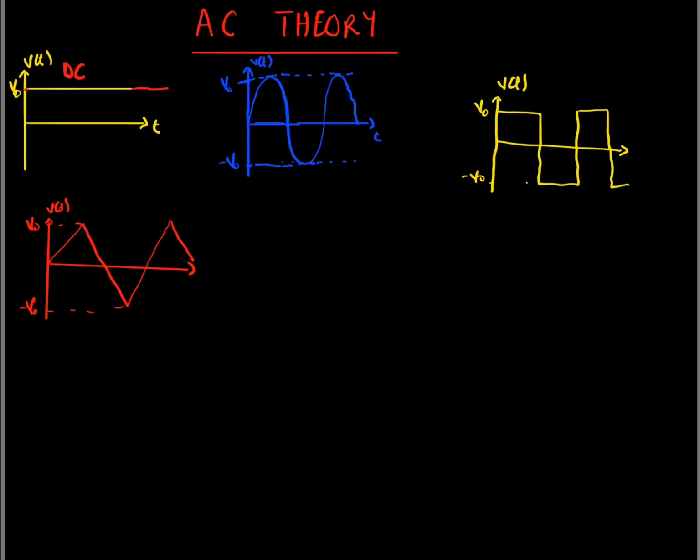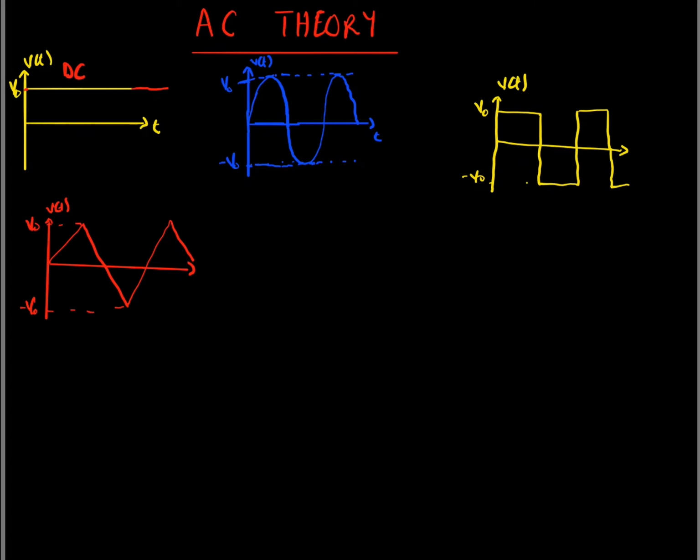There is no alternating. If it's positive, it remains positive and constant, and the polarity doesn't change in DC. But in AC, the polarity of the signal changes from positive to negative.